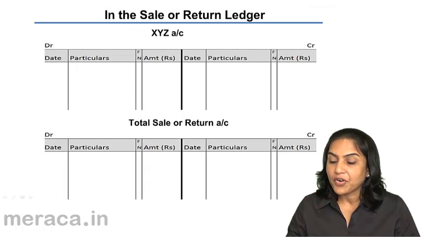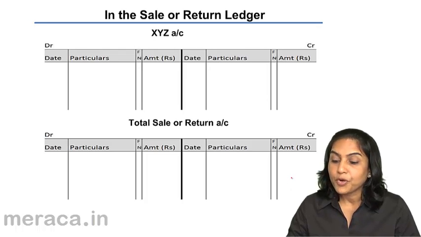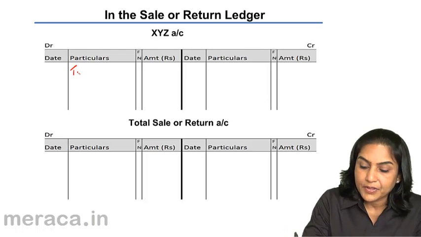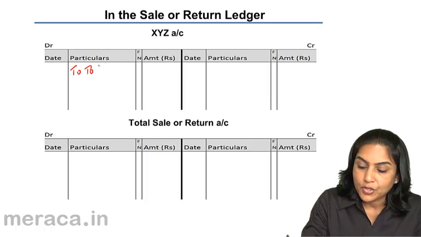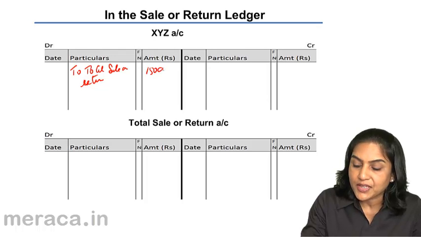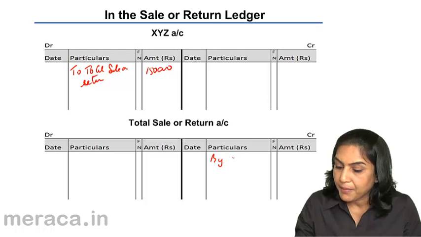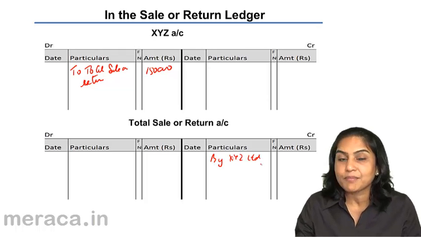In the sale or return ledger, the total sale or return account would be credited with the amount of goods sent on approval, which is nothing but 1,50,000. So here it would be by XYZ Limited. Actually, this is by sundries.